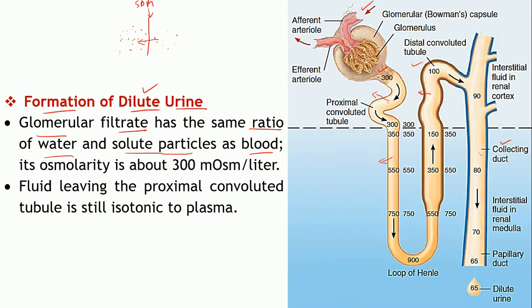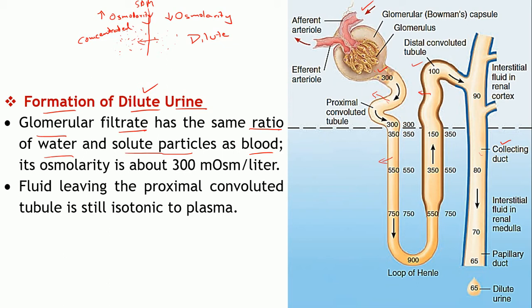Now, the osmolarity of this solution will be high because the solution is concentrated. And what about the osmolarity over here? It will be low, because this particular solution is dilute.